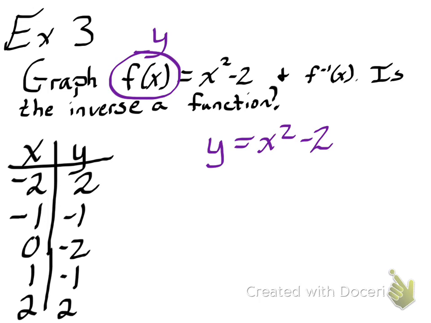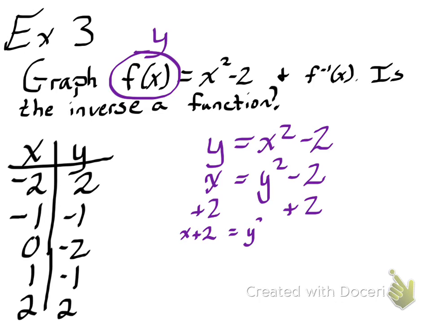So when I solve for x, I need to add 2 to both sides. Oh, excuse me, not solve for x. I need to switch places. x comes over here, y comes over here, and I'm going to solve for y. So I'm going to add 2 to both sides. And that gives me x plus 2 is equal to y squared.